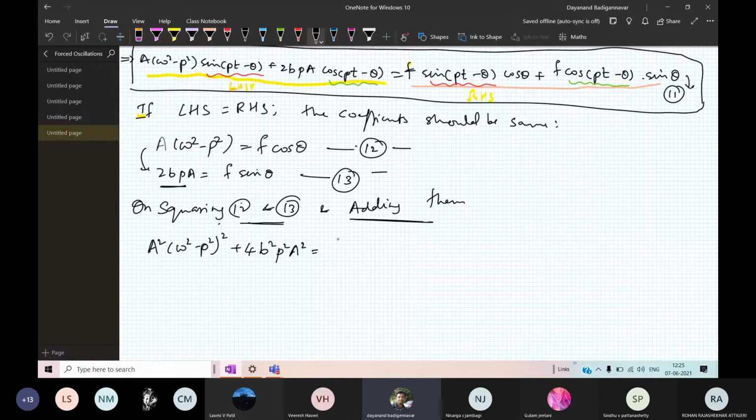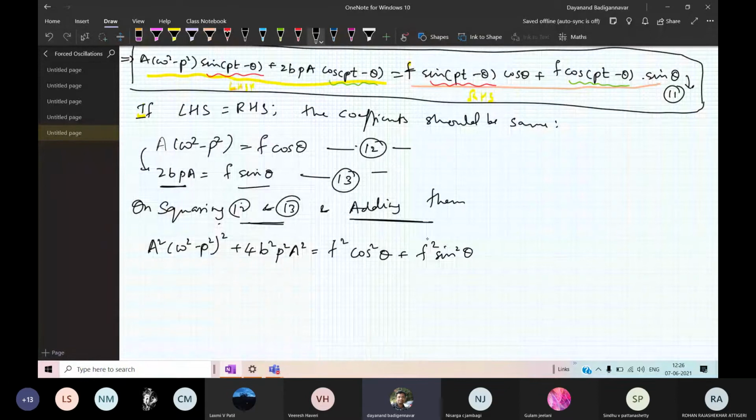F square first term, plus second term, F square into sine. Now here F square is common. I will write F square into sin square theta plus cos square theta.